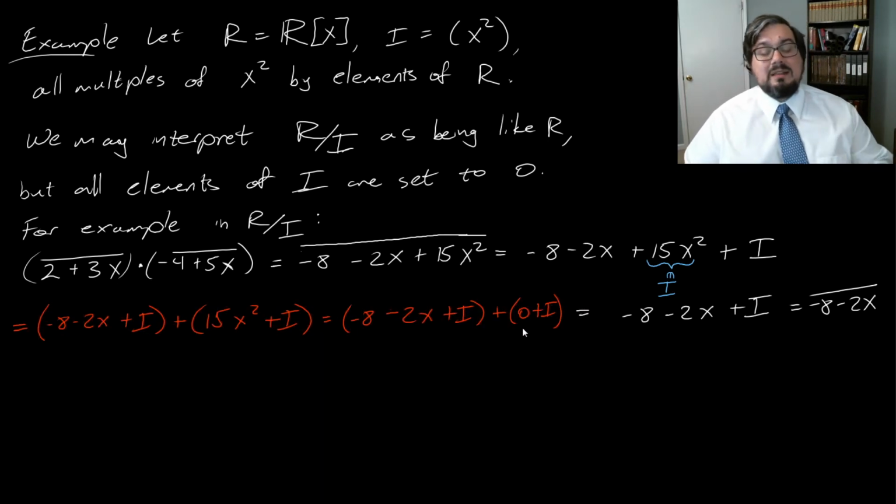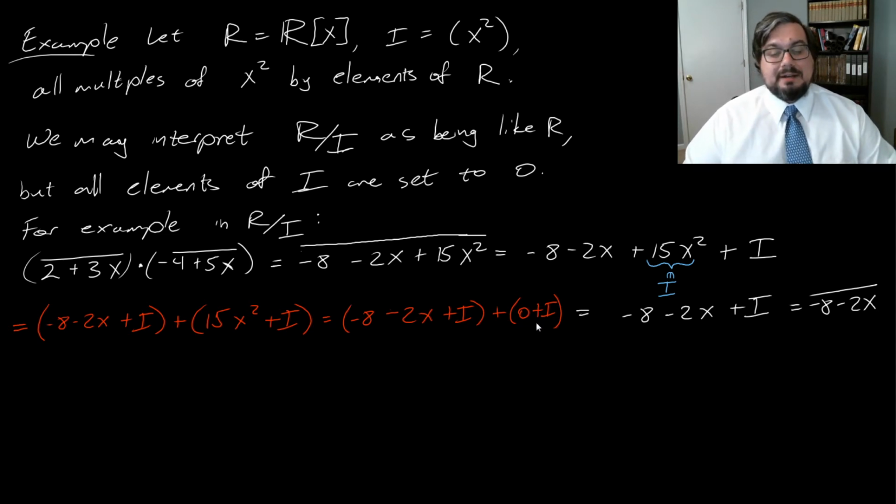And the 0 element of the factor group is precisely the coset of the ideal with representative 0. So this is the details of what we're doing. We're not going to run through that pretty much ever again.